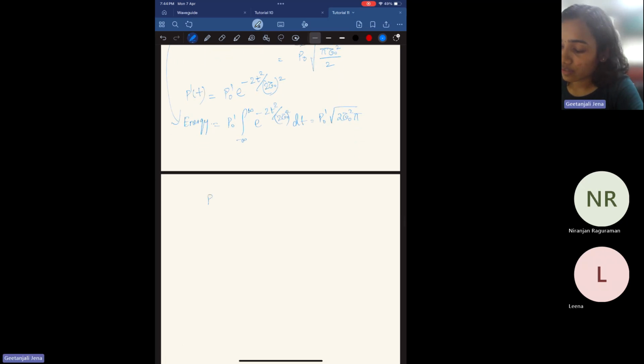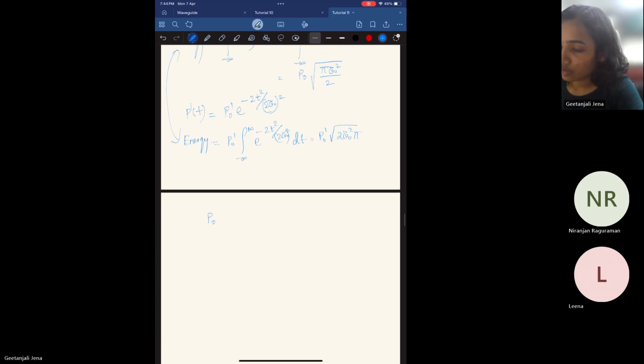So that means P0 tau 0 square root pi by 2 is P0 prime tau 0 square root 2 pi. This will cancel. So we have P0 prime, which is half of its initial value.